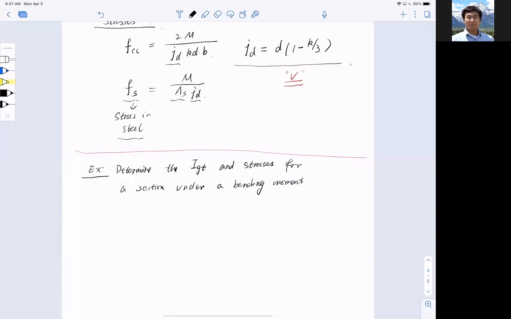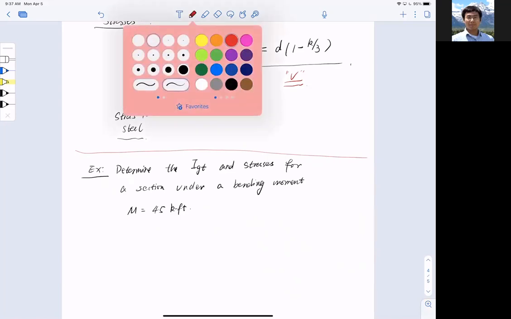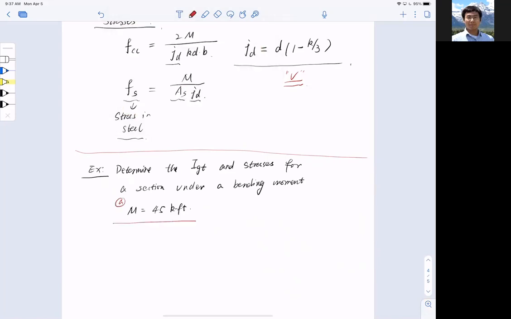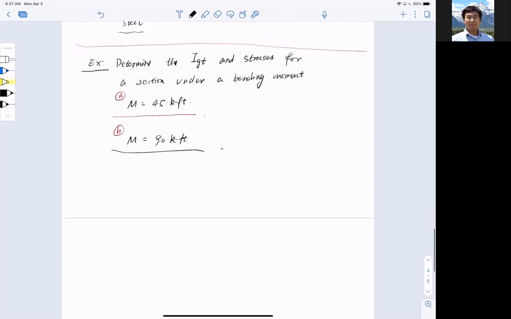Let's start with the lower number, M equal to 45 kip-foot. This is problem A, the first part. Problem B, we bump up to 90 kip-foot.